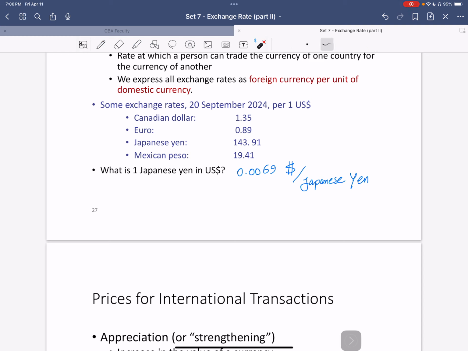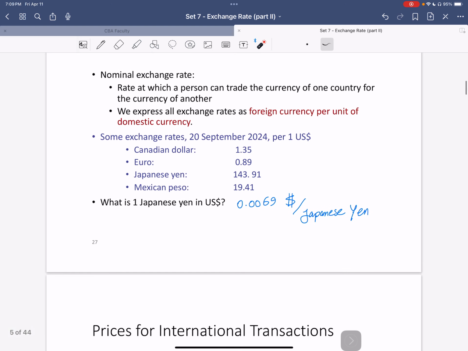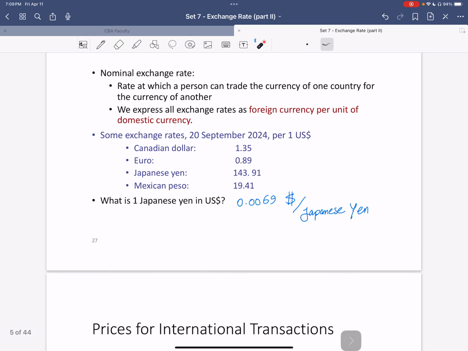The question is asking for one Japanese yen in terms of dollars. So I need to look at the equal amount of dollar per Japanese yen, 1 unit of the domestic currency. Here in this question, 1 unit of domestic currency is the Japanese yen, and I need to find the equivalent amount in US dollars.